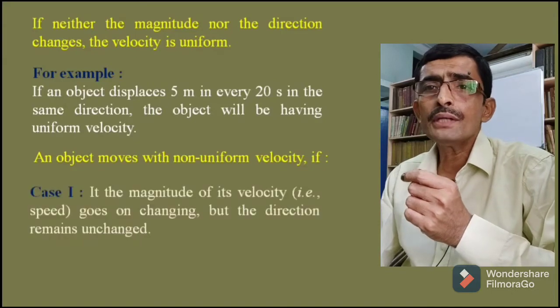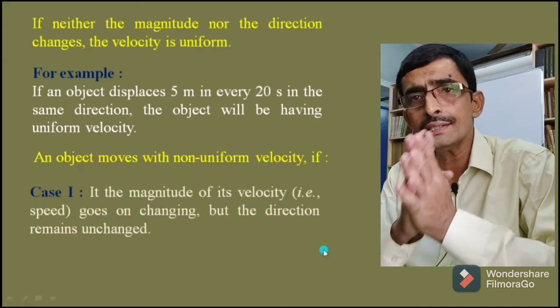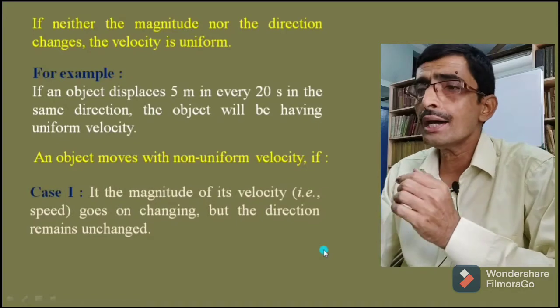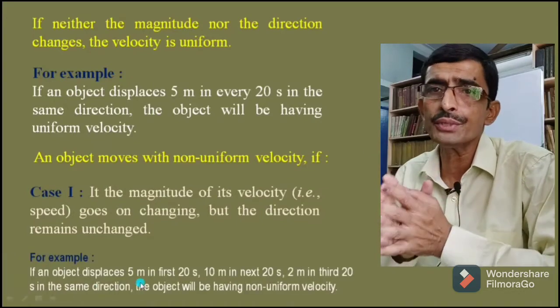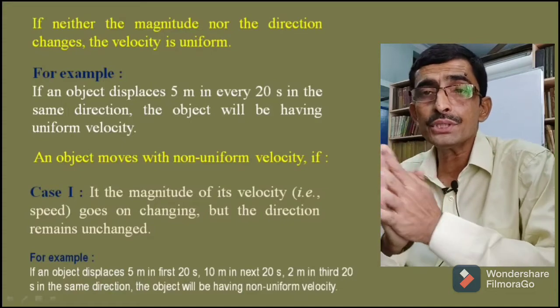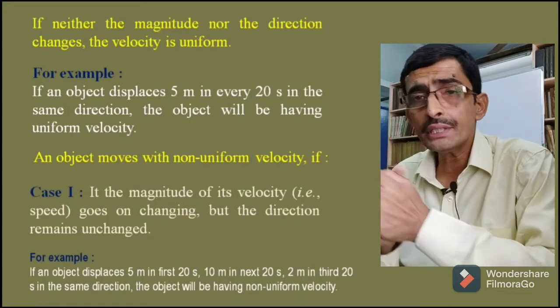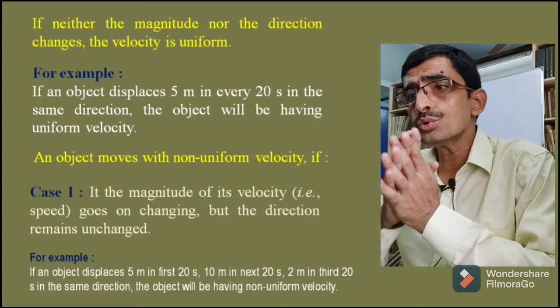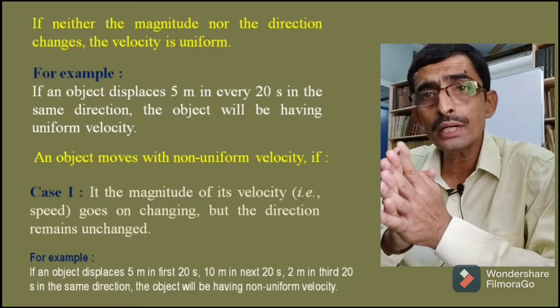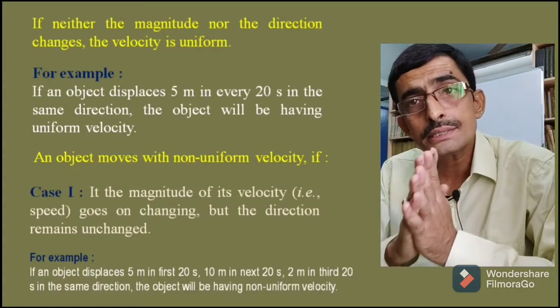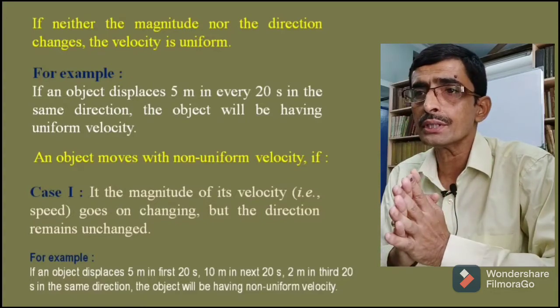Case 1, the magnitude of velocity changes but the direction remains unchanged. Let us take one example. If an object displaces in such a way that it displaces 5 meter in the first 20 seconds, 10 meter in the next 20 seconds, and 2 meter in the third 20 seconds, equal intervals of time but unequal displacement in the same direction, that is also important.